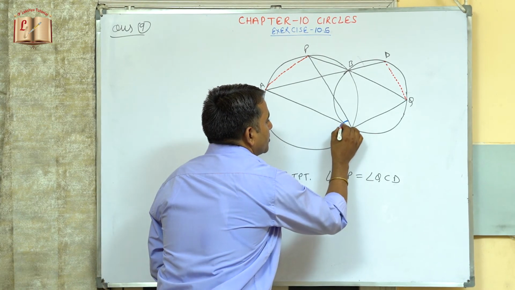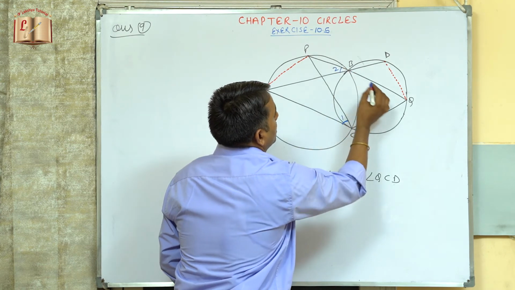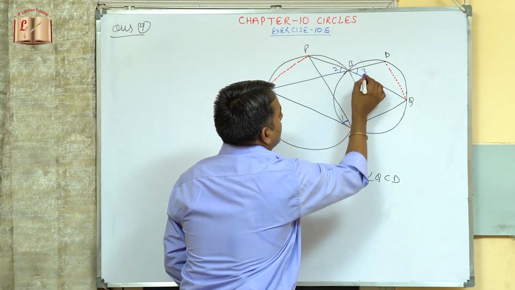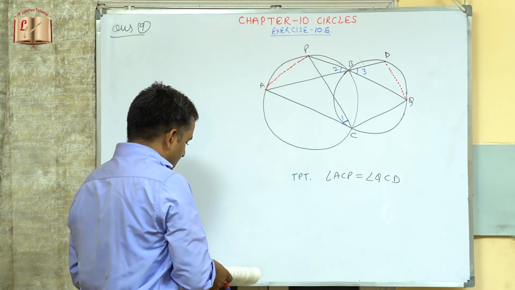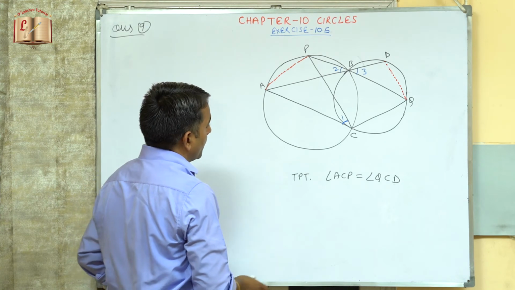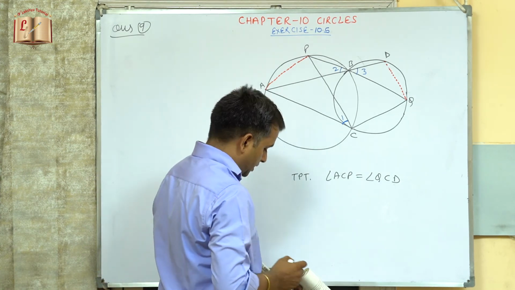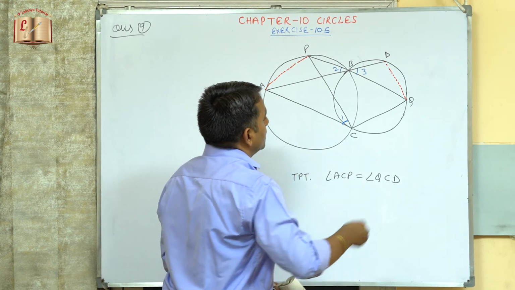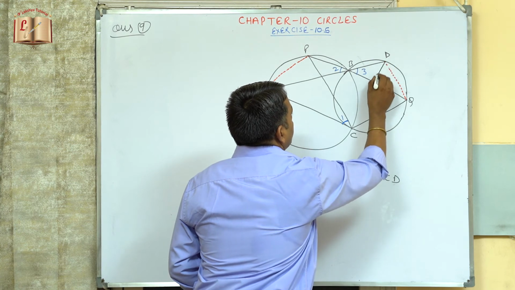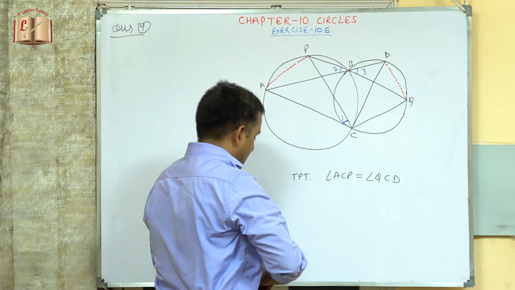So now this is suppose angle 1 and this is angle 2, and here this will be angle 3. So we will take up this way now, and again this side is also joined. Actually this CD is joined. So this CD is joined, we will join this side also, and we will take up another angle.